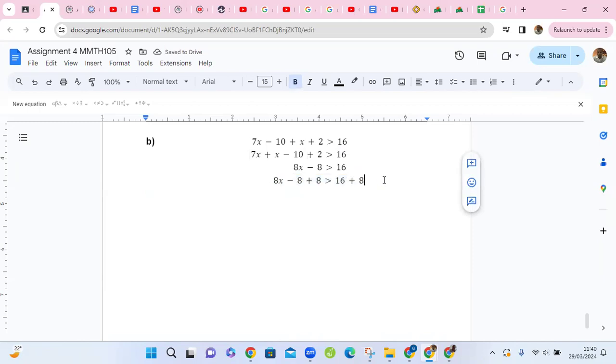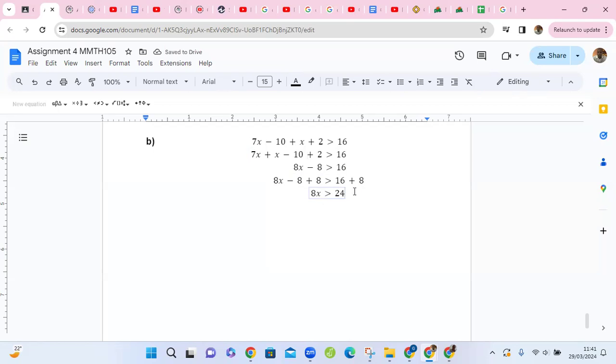And basically, that subtract 8 has been cancelled out from the left side. And then we have a new number on the right side, which is 24. Try to align the inequality sign so that you can see the process of cancelling out.